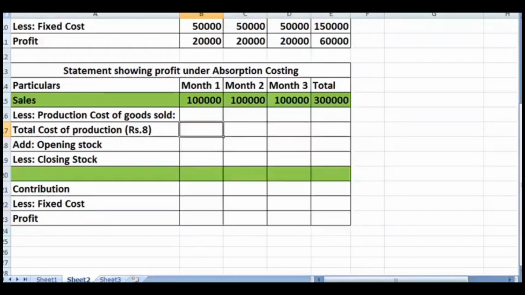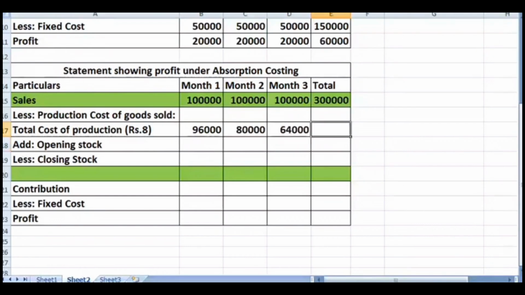So how many units were produced in the first month? 12,000. 12,000 into 8 is 96,000. Then next is 10,000, so 80,000. Third is 8,000, 8 is 64.